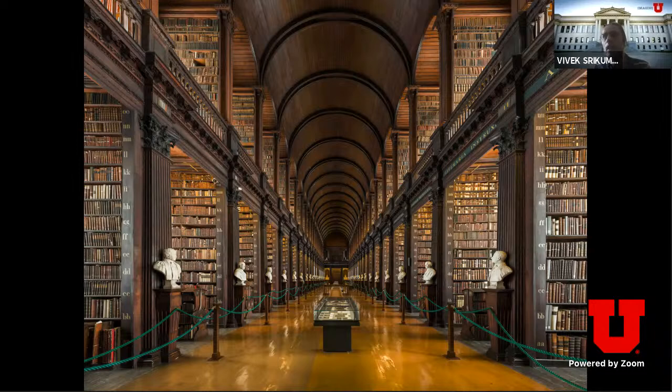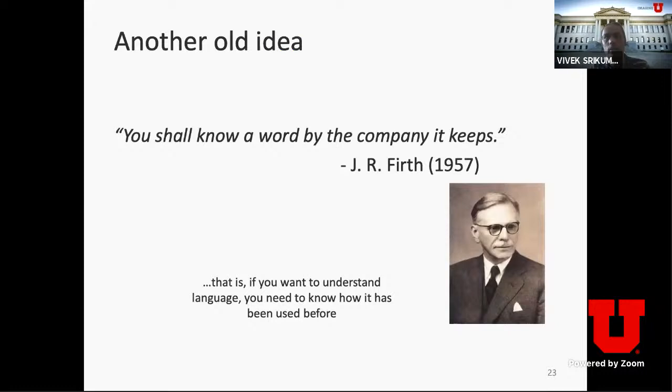This was an idea that started becoming popular in AI in the 1990s, but it's actually a really old idea. This is a photo of Firth. Firth has this famous quote from his 1957 paper, "You shall know a word by the company it keeps."